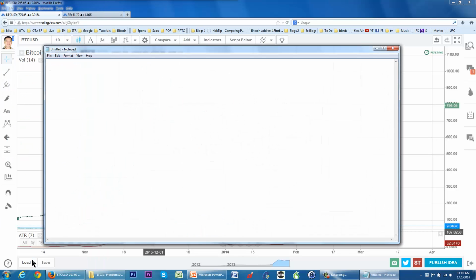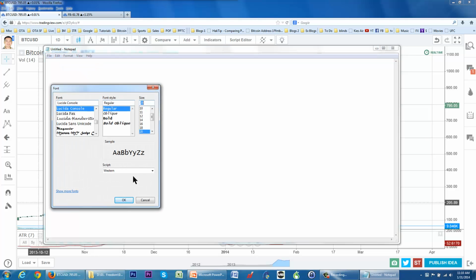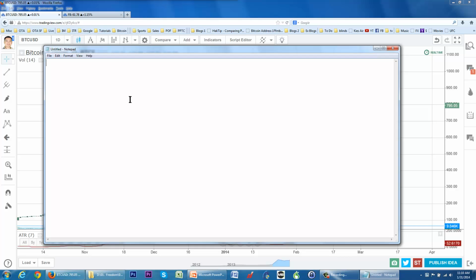My handy dandy notepad here. So my normal heart rate, let's say that my normal heart rate equals 78 beats per minute.